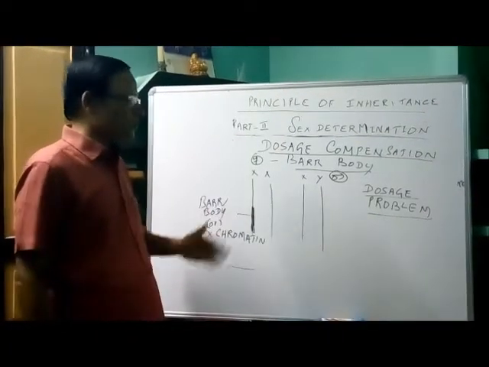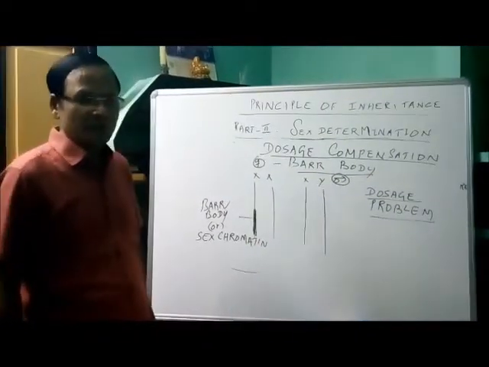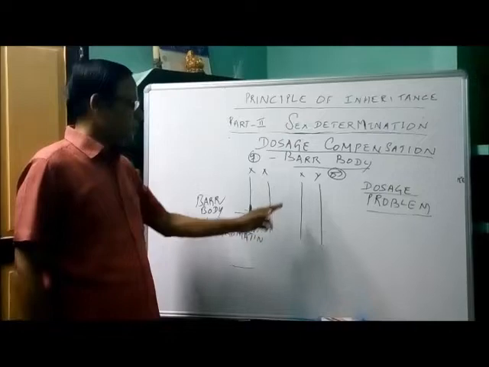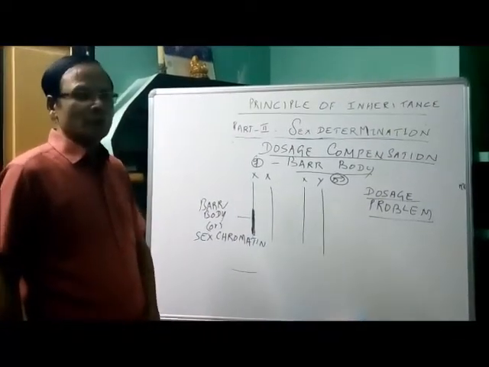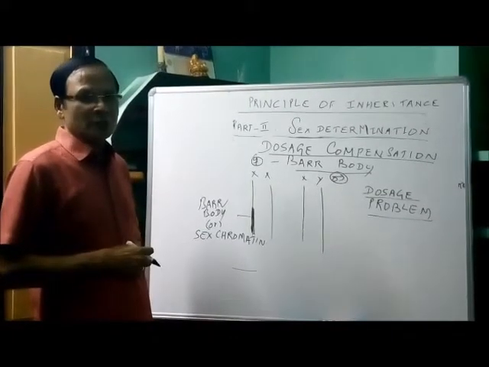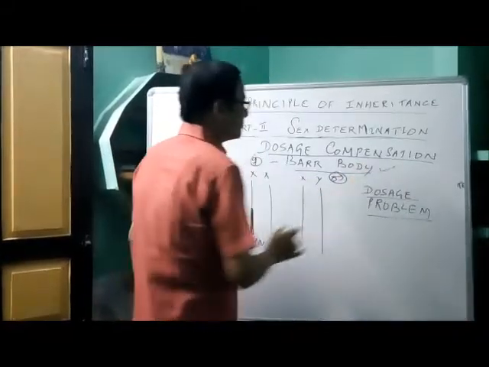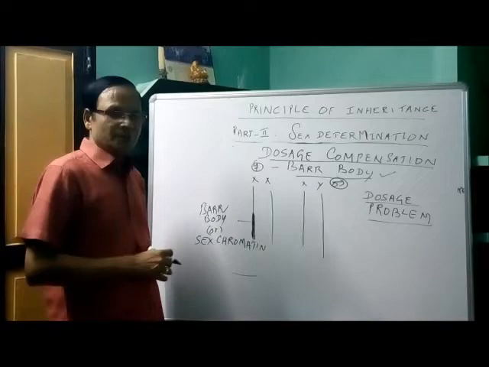This creates a dosage problem, an inequality in the number of genes. This problem is compensated by the Barr body, and that method is called dosage compensation.